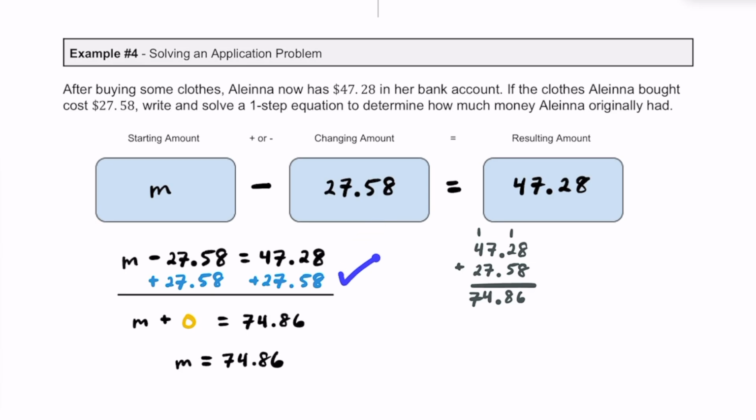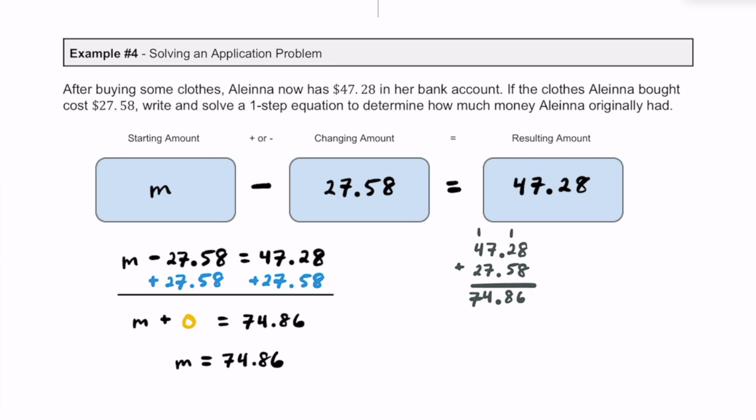Then we went ahead and used the addition property of equality, where we add the same number to both sides. That's really nice to do here because this then becomes 0. That's the additive inverse property. Then anything plus 0 stays the same, so that's going to be the identity property of addition.